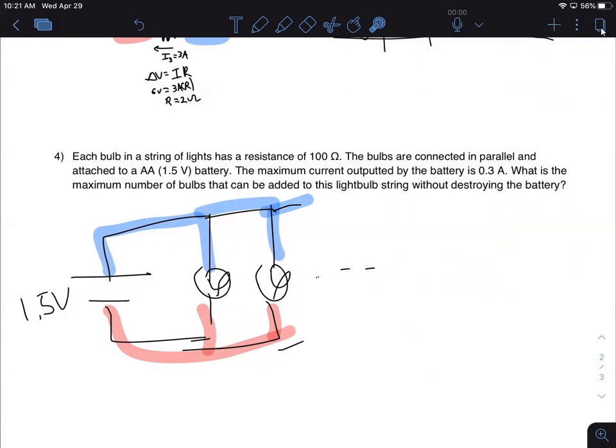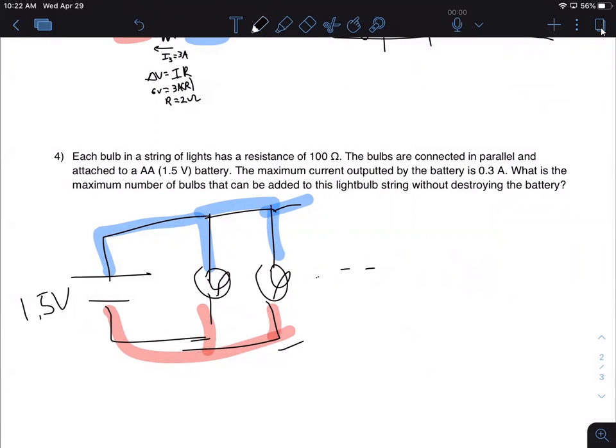So what is the maximum number of bulbs that can be added without destroying the battery? Each light bulb I add gets a certain amount of current, and the current from the battery is the sum of all those currents. So this one plus this one, and so on. So let's find the current through any light bulb.